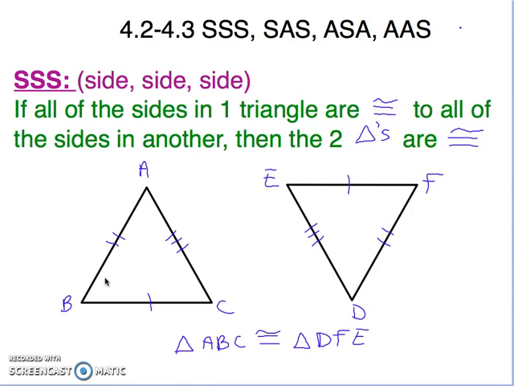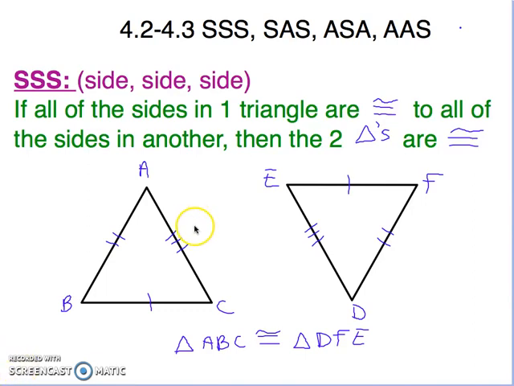Even though no angles are marked in this picture, I can know for a fact that triangle ABC is congruent to triangle DFE, even though only 3 sides are marked.